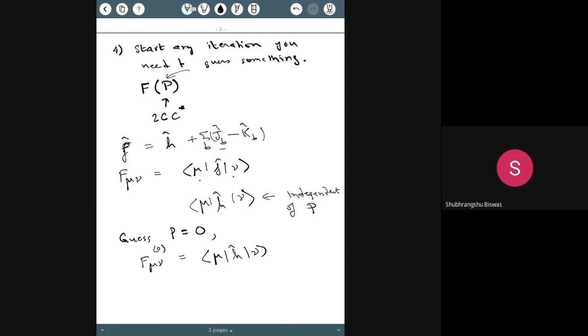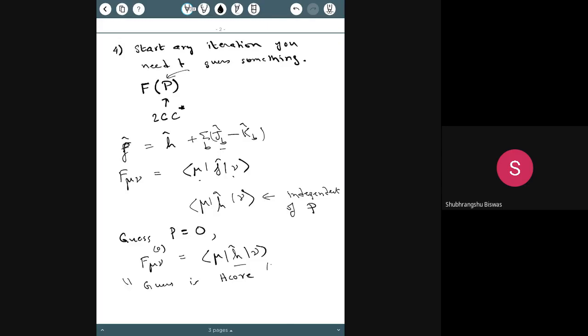So this is not a bad guess at all. This is something that is available in most codes, that you start with just the one electron part, and this is normally called the H core guess.